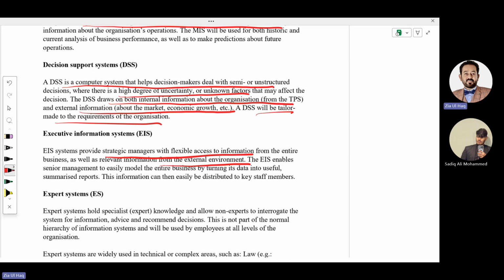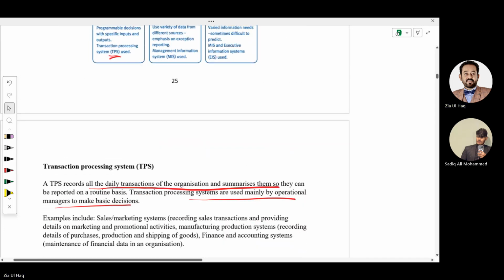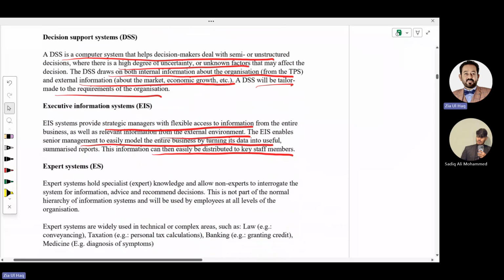Meaning not only receiving internal reports, it also helps top management to receive external environment and industry market information. The EIS enables senior management to easily model the entire business by turning it into useful summarized reports. This information can then easily be distributed to key staff members so that management can share with other staff members. So we have discussed the four systems: TPS, MIS, EIS, and DSS.